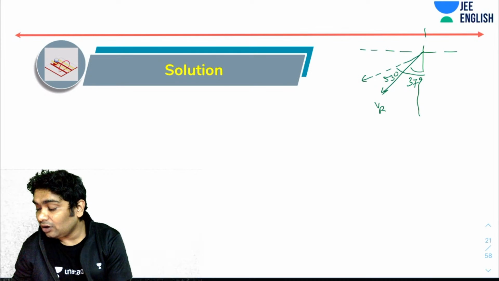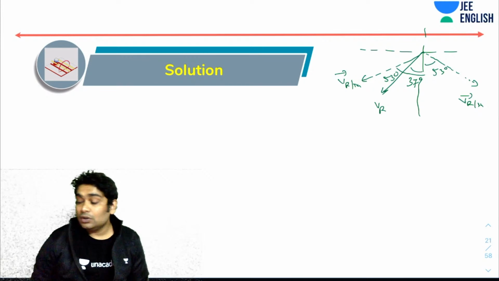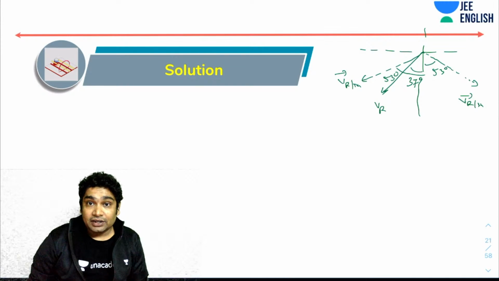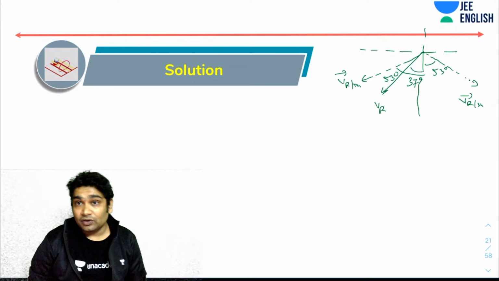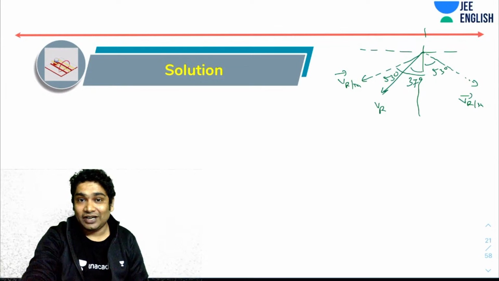It could make an angle of 53 here, or it could make an angle of 53 here. So imagine if this was the case, what you realize is that yes, D is in fact the correct answer.